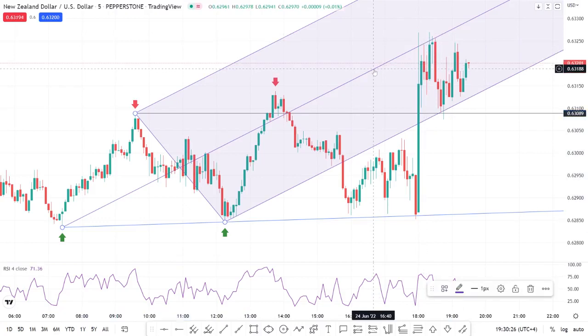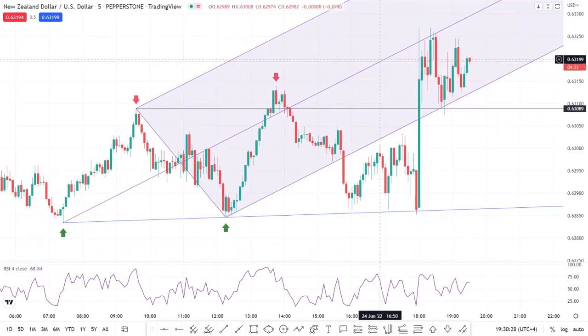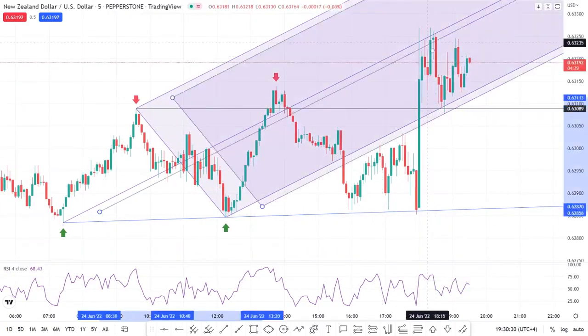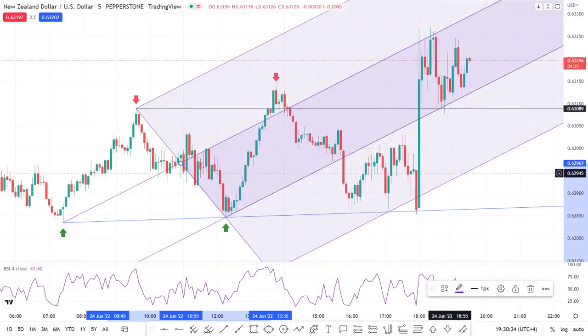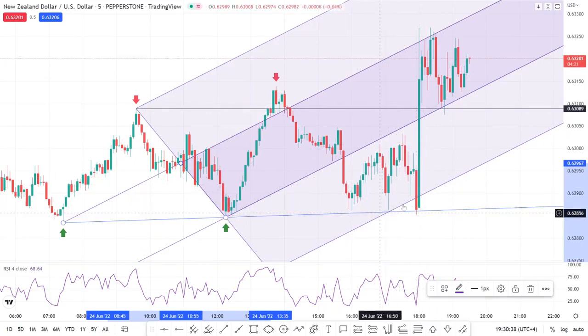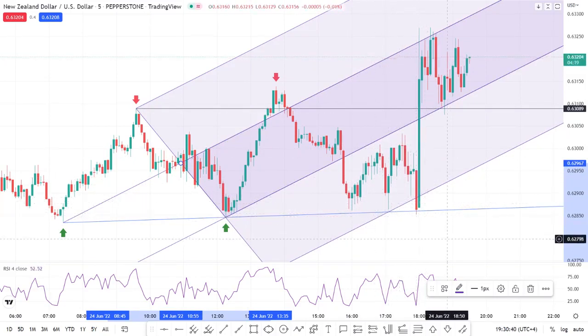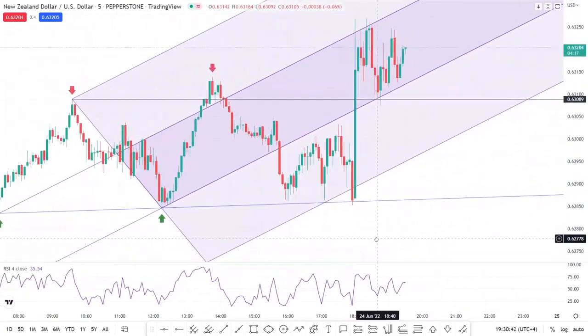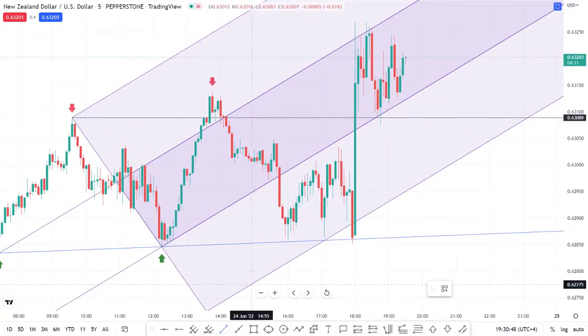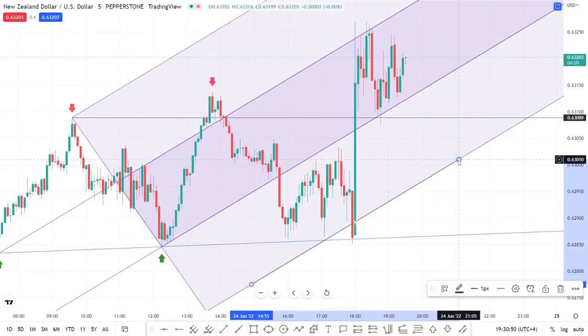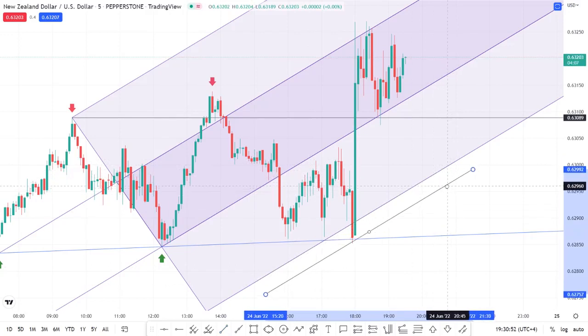And kapag in-extrapolate nyo tong fork na to, you will be amazed kung saan nag-terminate yung price doon sa extrapolated fork. So, titignan nyo naman kung paano ni-respect yung price. And this is another technique called frequency tuning or frequency shifting. Kung saan, ilalagay mo yung same angle ng fork.